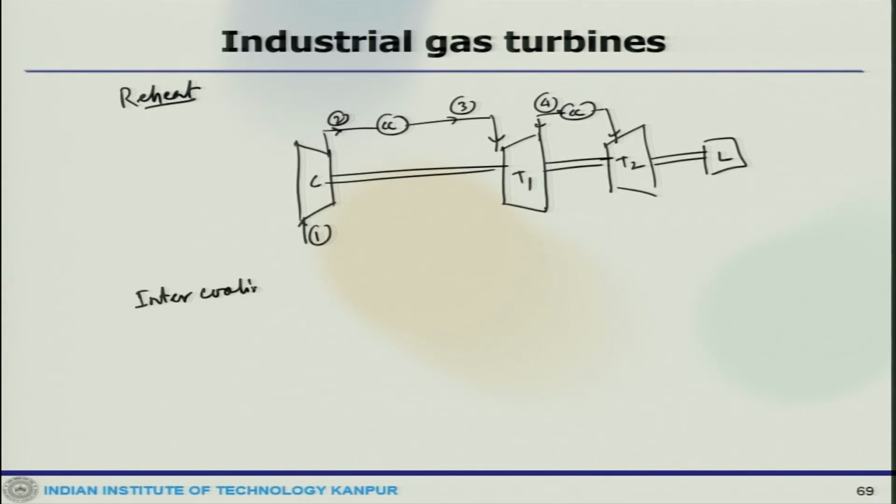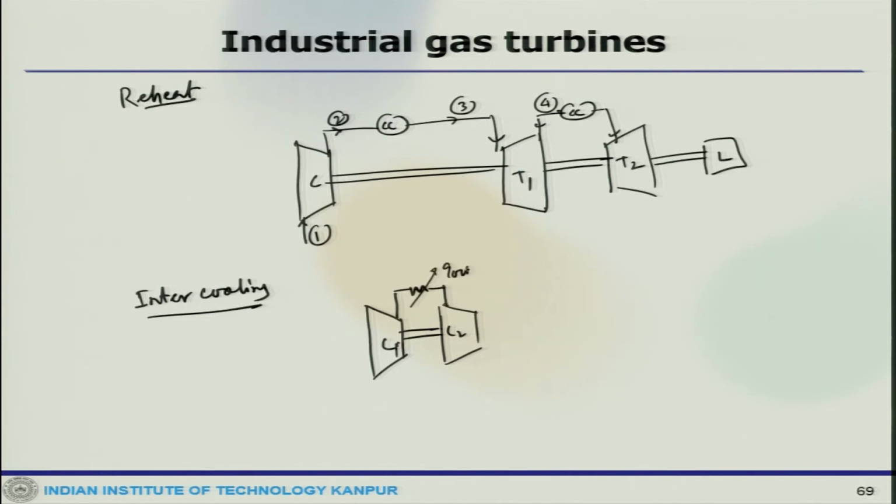Similarly, one can have intercooling capability, where you may add some intercooler. Now, a single shaft gas turbine is composed of two compressors, and you can have an intercooler in between. Let us say there is one compressor here, then you connect another compressor, let us say C1, C2, and in between you add some intercooler.